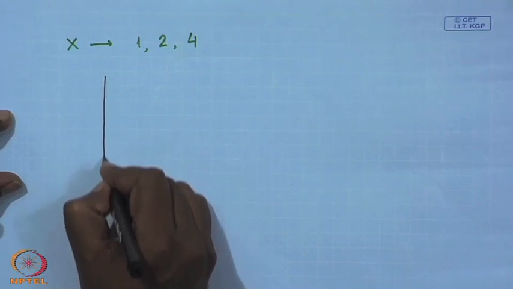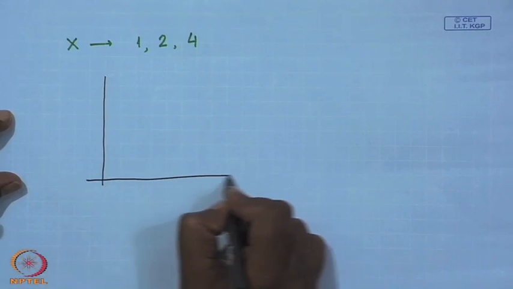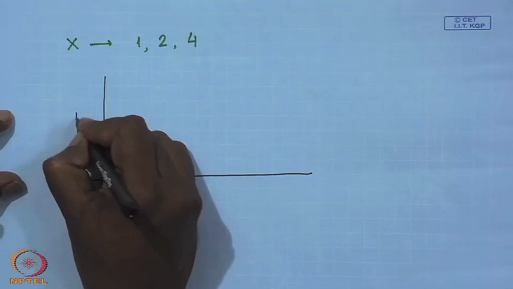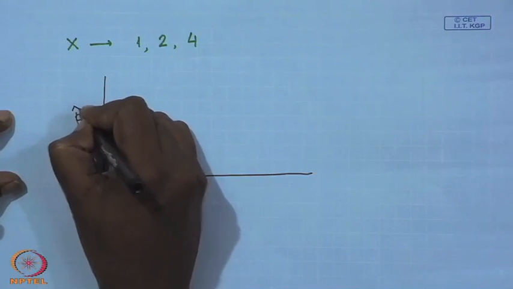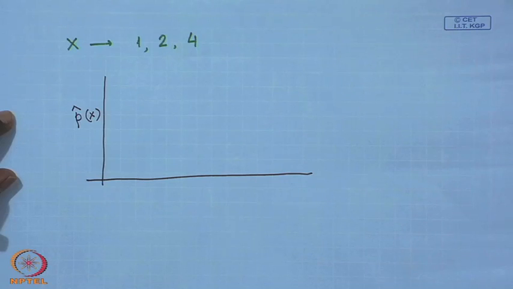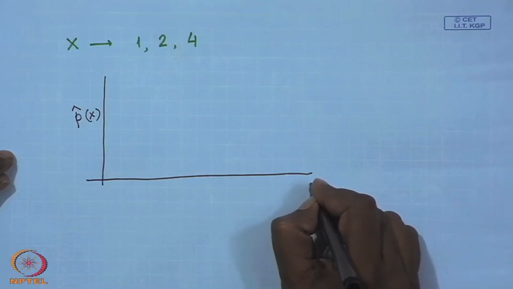So, I will plot the estimated probability density p of x, and because it is estimation, instead of writing p x, I will write p hat x, because I do not exactly know what p of x is. And along the horizontal axis, I will put this scalar variable x.